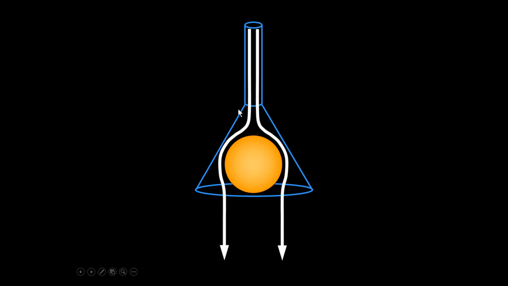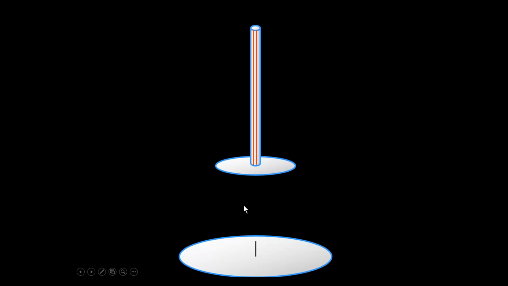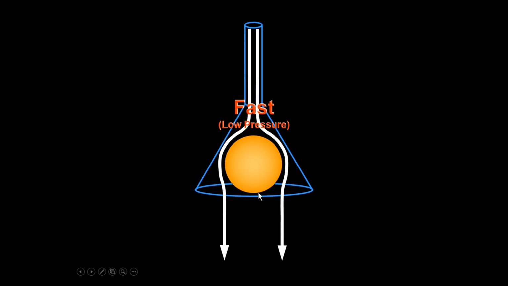And because that funnel redirects and causes the air to flow over that surface, the faster it flows, the less pressure, and the atmospheric pressure is holding it up. The molecules of air down here are colliding squarely against it, and the molecules that are flying past here are only hitting at a glancing type blow.